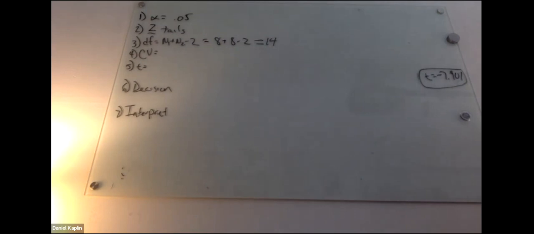So at this point, I can go back in the back of my book where I have the table that says critical values of t. And then I'm going to go down to 14 degrees of freedom and then across to two-tailed test, 0.05, which gives me a critical value of plus or minus 2.145.